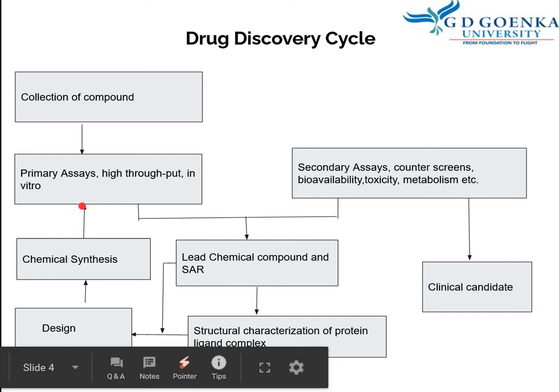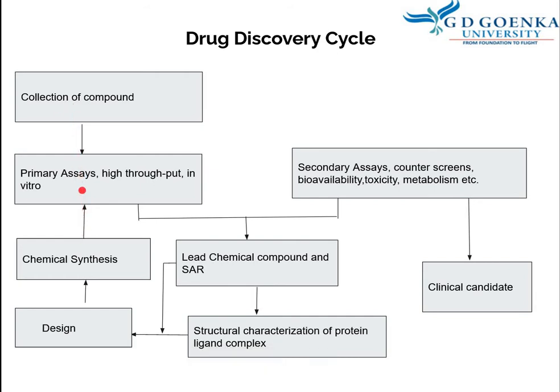Thereafter, either from a natural source or from the lab source, these isolated chemical entities are subjected to primary assays. Upon successful completion of primary assay results, they are subjected to secondary assays that help not only to determine toxicity and metabolism, but also bioavailability.